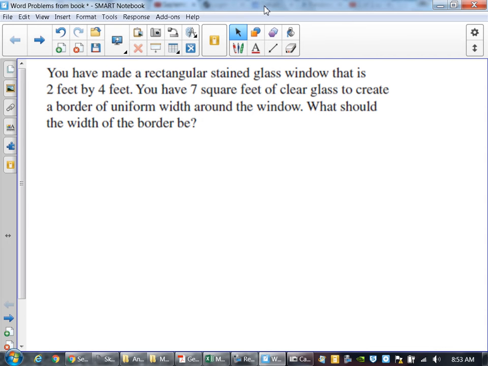Play on your phone, play on your computer. I mean, seriously. Might not be a bad idea. So, let's see here. 1 foot. There's 2 feet. Here's 4 feet.